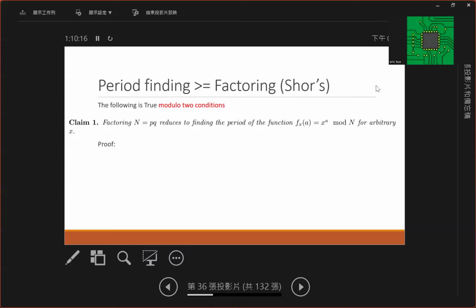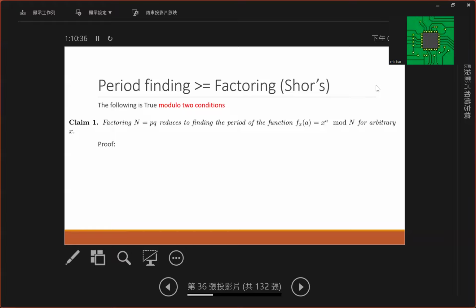Then the order will be what? 2, 4, 8, 16, right? So I can compute this. I compute the GCD of 2 to the 4 divided by 2, plus 1, with 15.